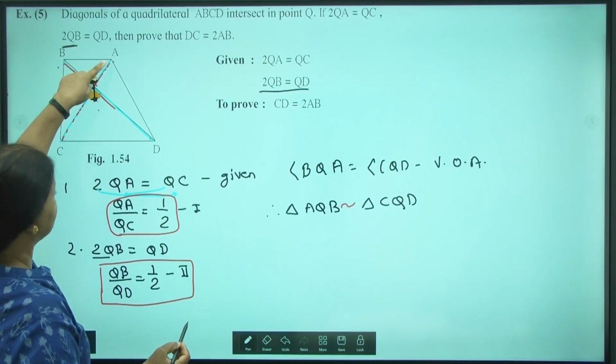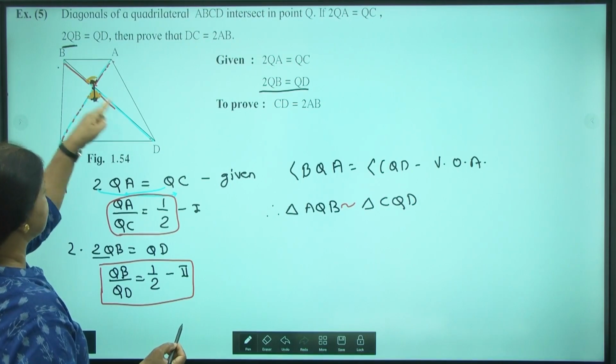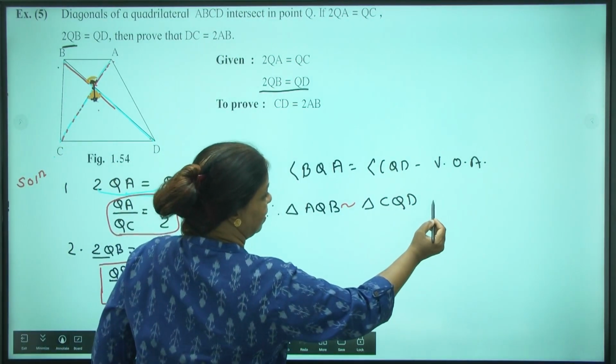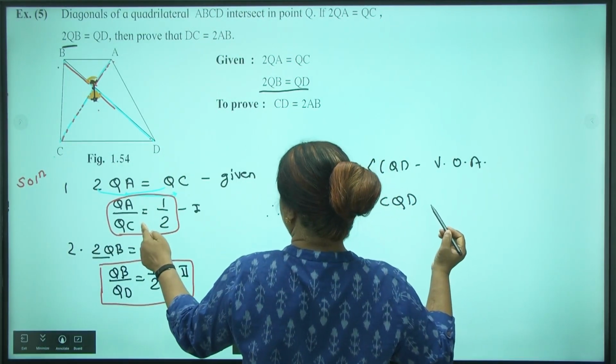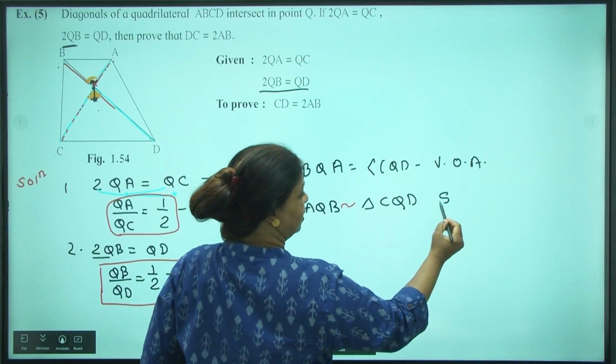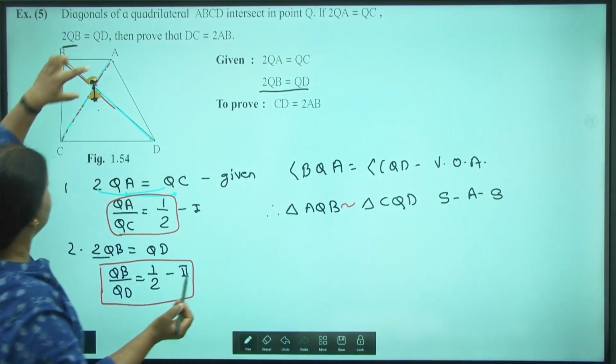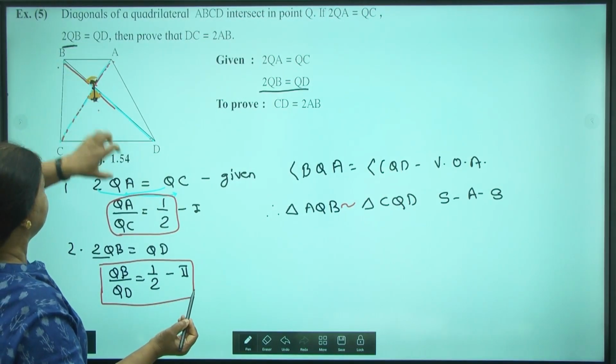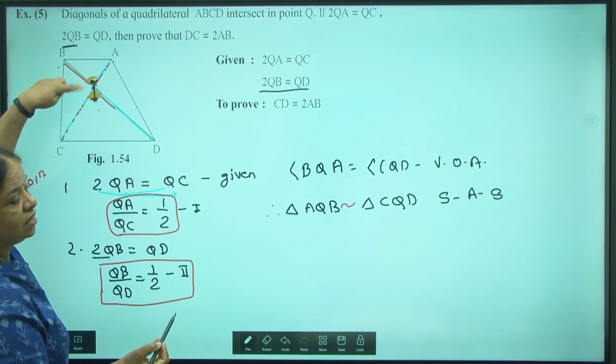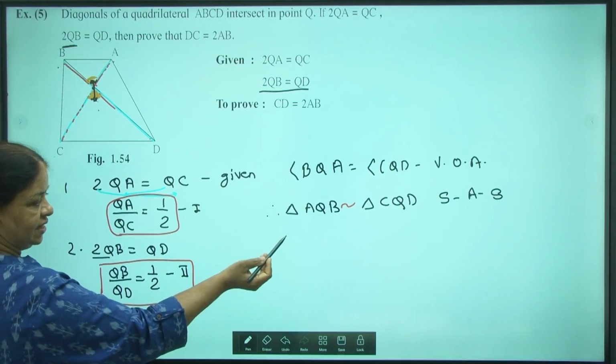So if I am starting from A, I must start from C, CQD. By which test? Side angle side test. See, these two corresponding sides are there, and in between that yellow angle is equal. So side angle side test can be taken.